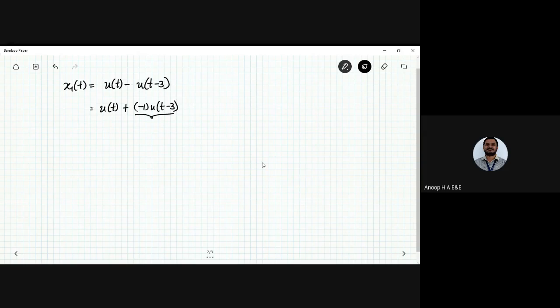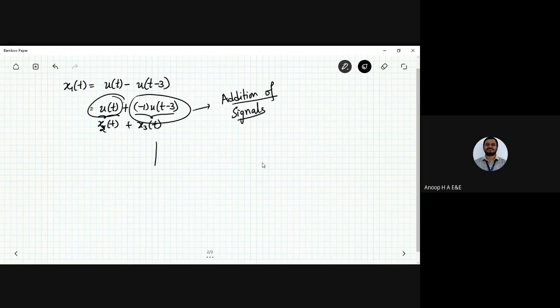Let's say it might be x2 of t plus x3 of t. I'm just giving the notation here. We have sketched both the signals and we need to add the signals. Addition of signals has to be carried out.